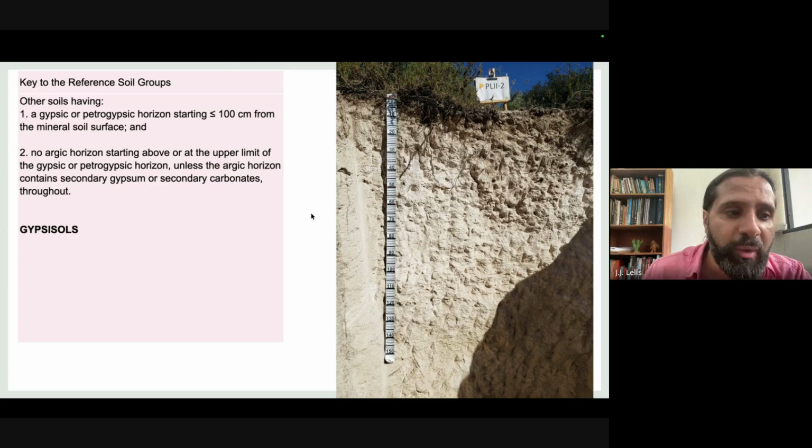Okay, and we cannot register an argic horizon starting above or at the upper limit of the gypsic or petrogypsic horizon unless the argic horizon contains secondary gypsum or secondary carbonates throughout. Okay, so I cannot find an argic horizon above the gypsic or petrogypsic horizon unless this argic horizon is also something that precipitates gypsum or even secondary carbonates.